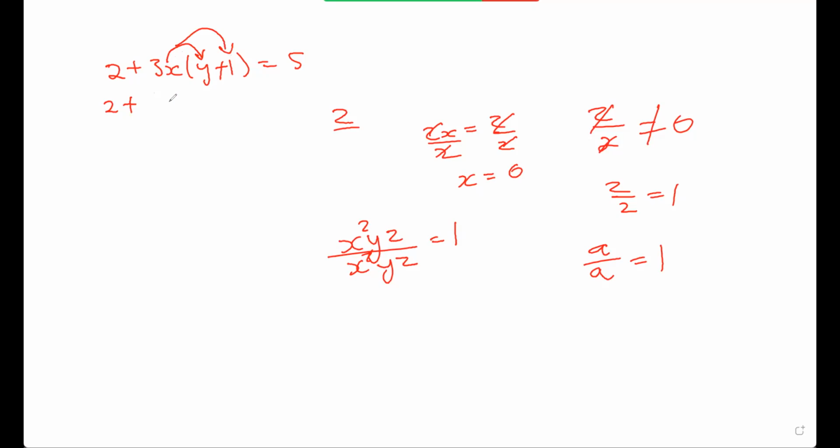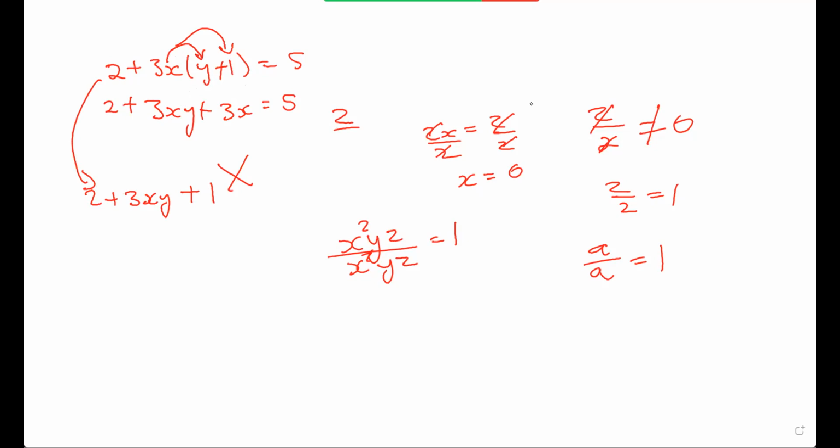It also affects the 1, dog. So you're going to have 3xy plus 3x. So it affects both, not only one, right? Not just 3xy plus 1. See, this thing is incorrect. Don't make that mistake. Ever, ever. Please.